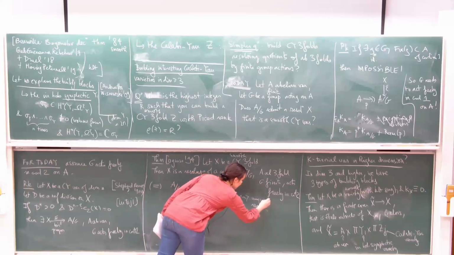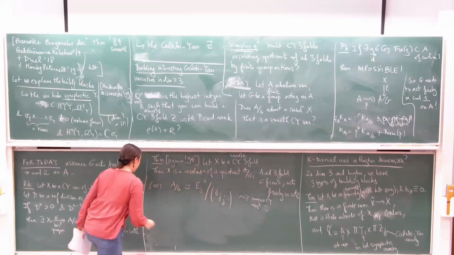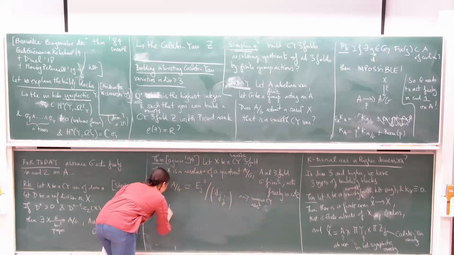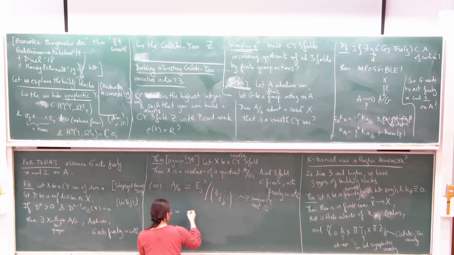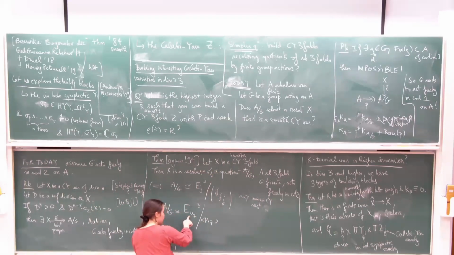A unique Calabi-Yau resolution. Or A mod G is isomorphic to, so there's two ways to view this one. So one way to view it is a quotient by a group of order 7, and the abelian variety of the quotient is 3 times an elliptic curve.